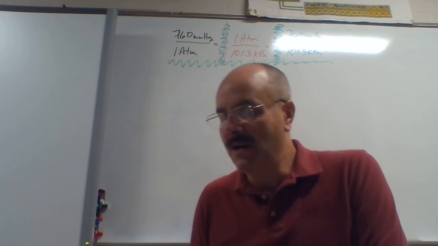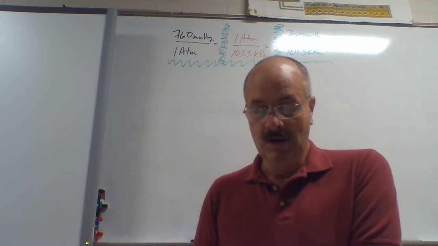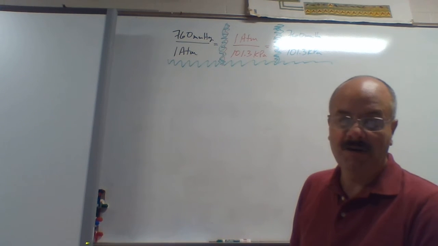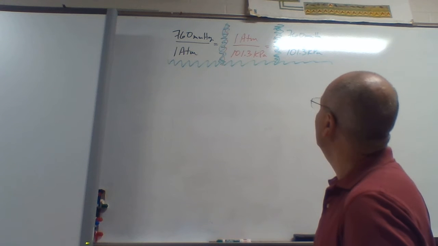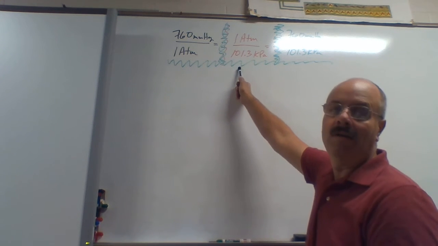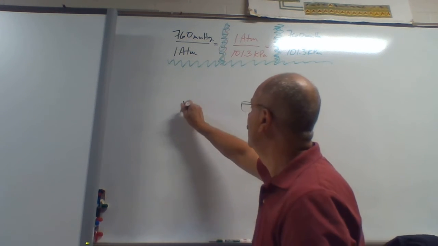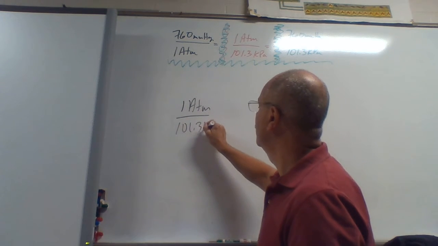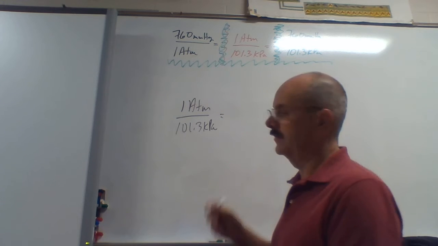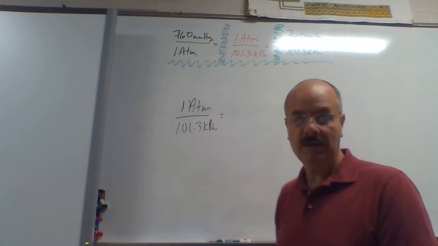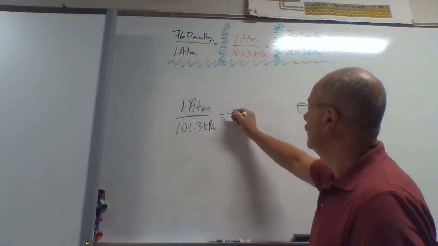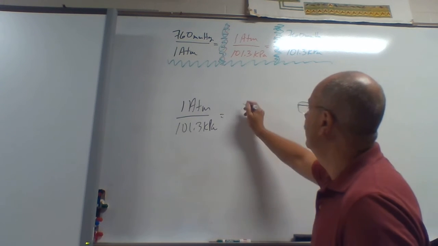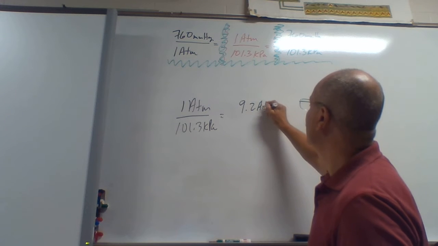So the first one, you were given 9.2 atmospheres, and we were supposed to first turn it into kilopascals. So we're talking about atmospheres and kilopascals. Which one up there is atmospheres and kilopascals? It's the red one. So we're going to use 1 ATM over 101.3 kilopascals. And then on the other side, we use what they gave us. Well, I don't have 1 ATM, I have 9.2 ATMs.